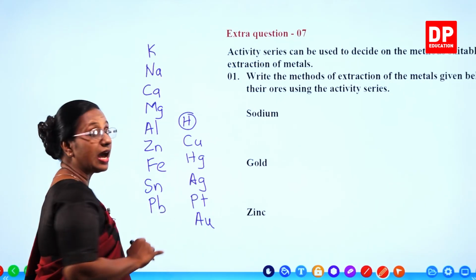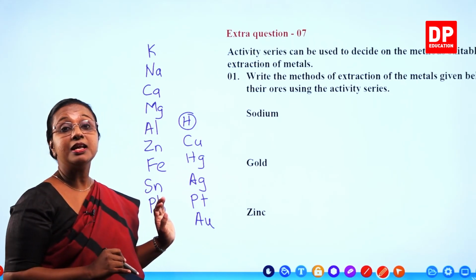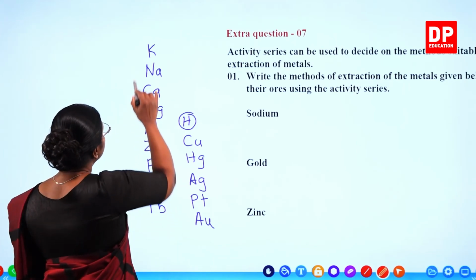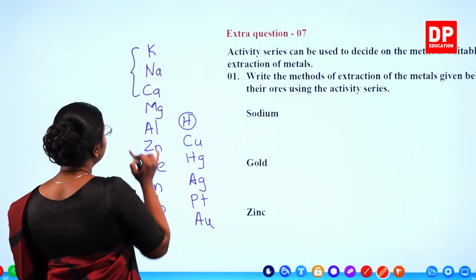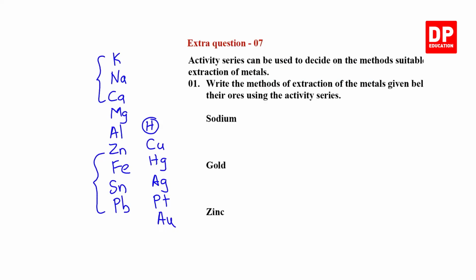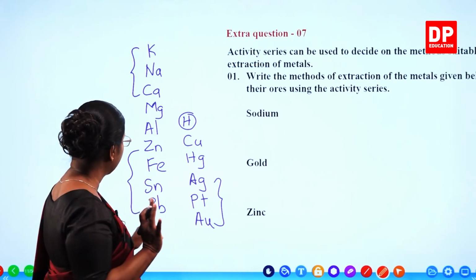So, as you go down, the reactivity decreases. These at the top are the highly reactive metals, these are usually the moderately reactive metals, and the reactivity decreases down the activity series. So, you all can remember that, students.